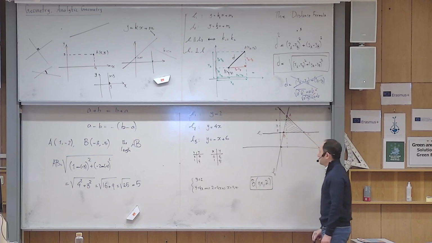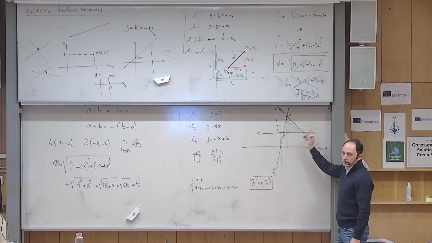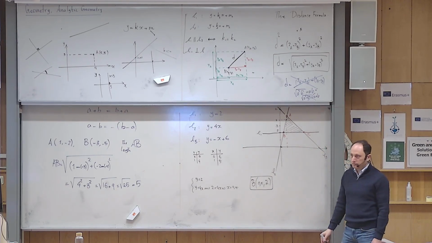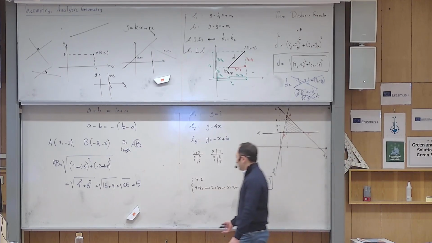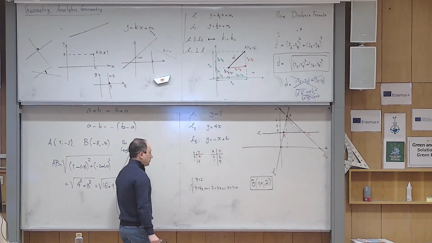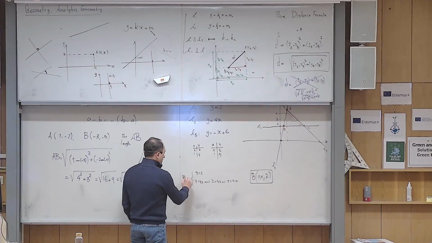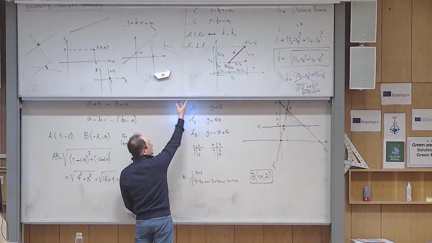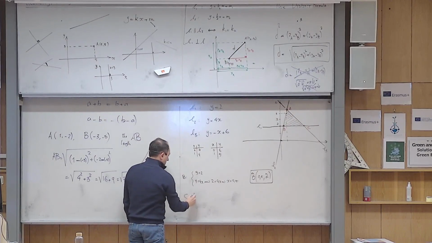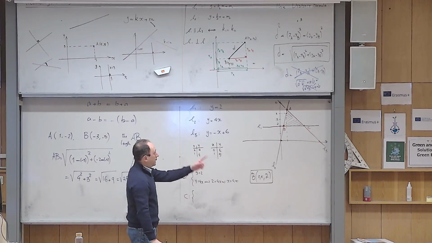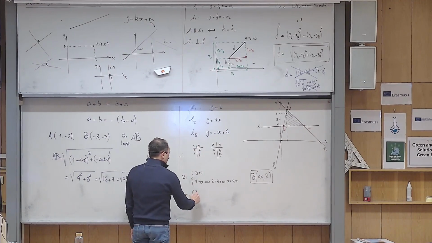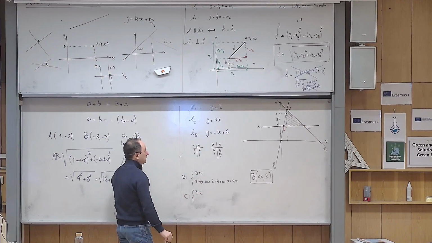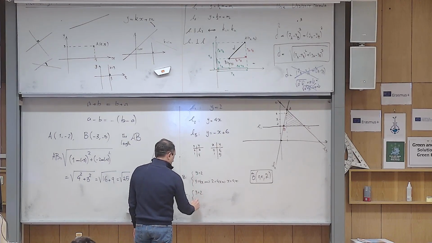But of course, you have to do it once for C, once for A to find all of them. Okay, so let us do that. This is for finding point B. So let me write B. This is suitable for finding B. For finding C, which ones are suitable? Line 3 and line 1. Line 1 is already there. Line 3 is what? y is equal to minus x plus 6.